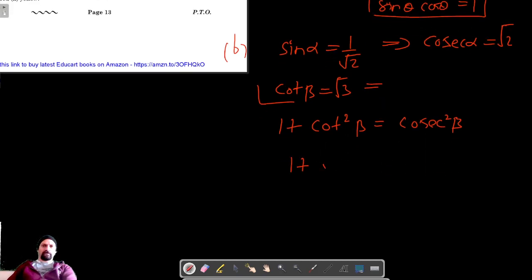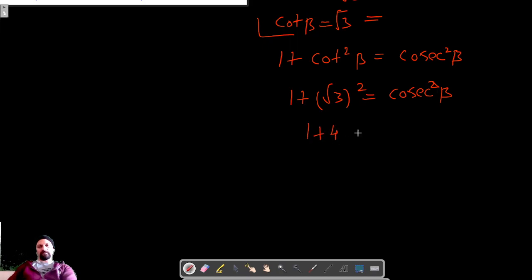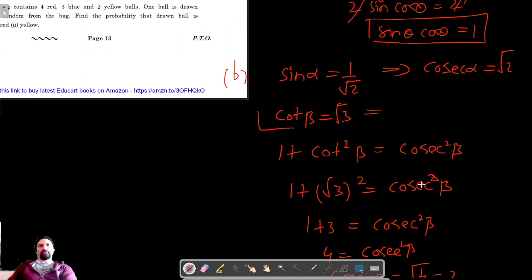Let's put the value of cot beta, which is root 3 the whole square, is equal to cosecant square beta. So this is 1 plus 3, sorry, 1 plus 3 is 4. So 4 is equal to cosecant square beta, and cosecant beta is equal to root of 4, which is equal to 2.